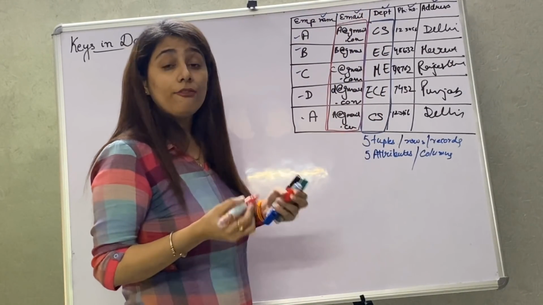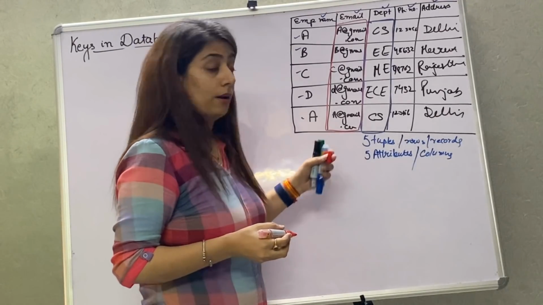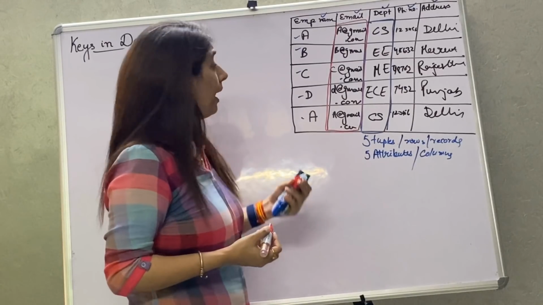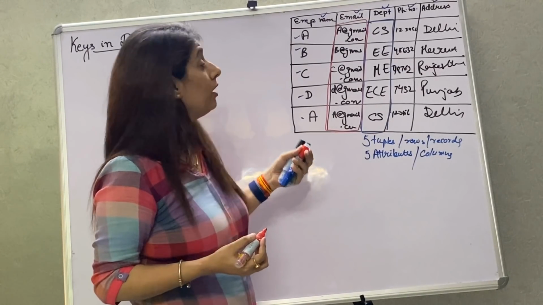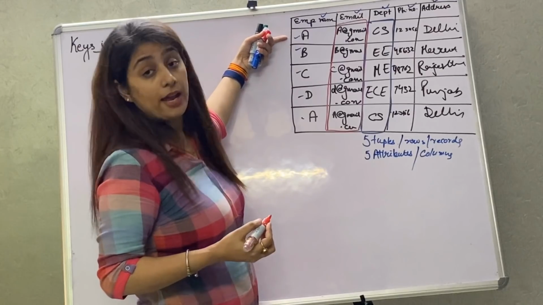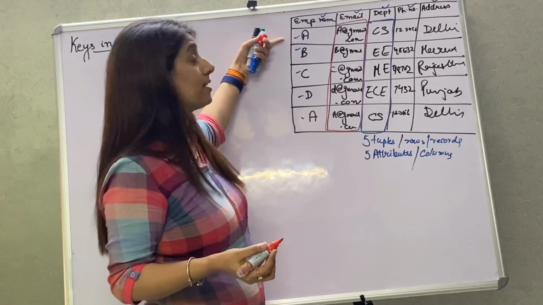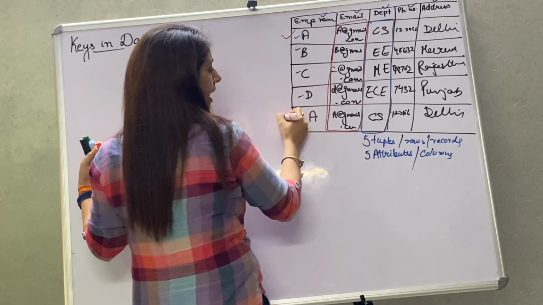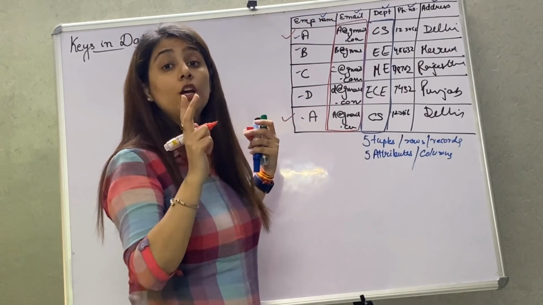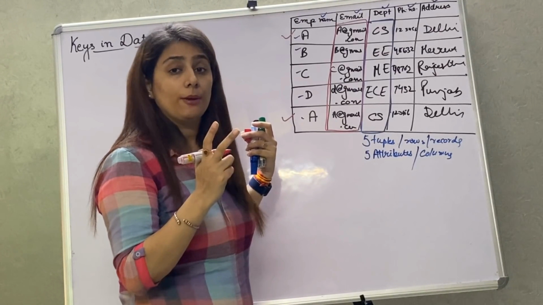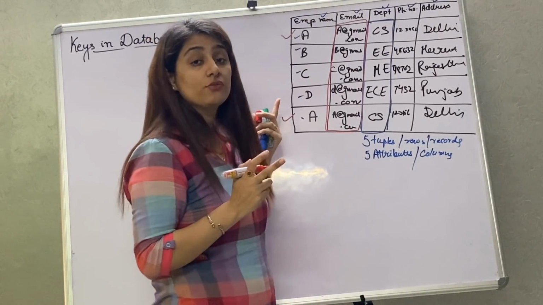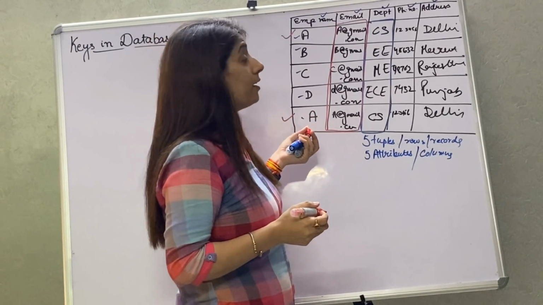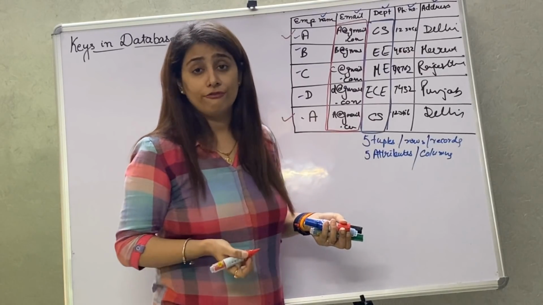But if I have to fetch one tuple, one record from here, then what do I have to do? Of course I will write here, I will say A. So it will fetch this entry and this entry, because there are two persons with the same name, that is A. It doesn't know which entry you are asking for.